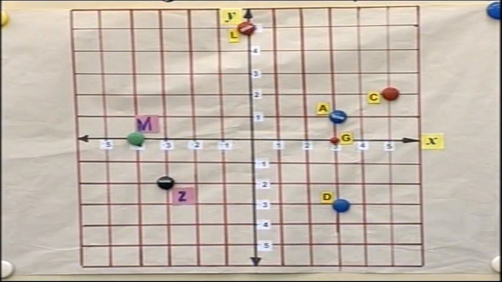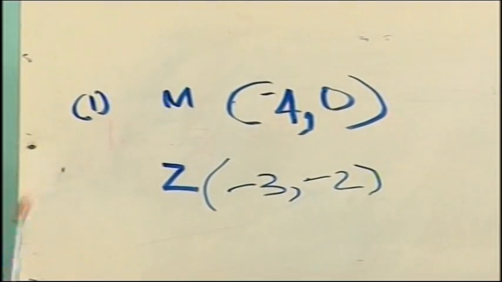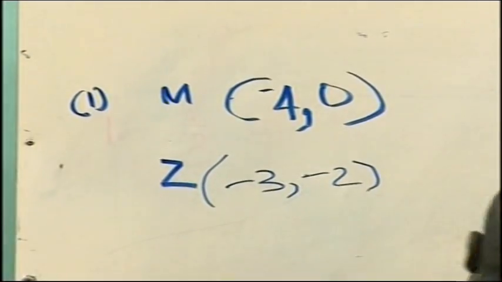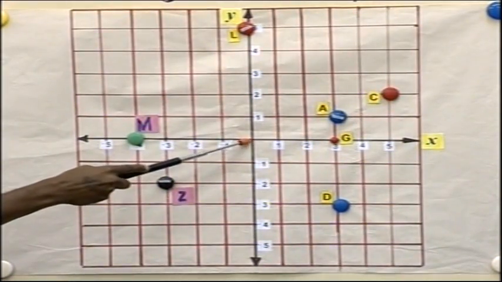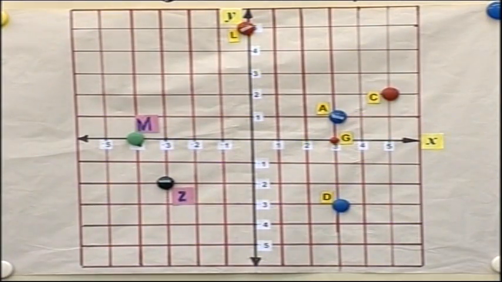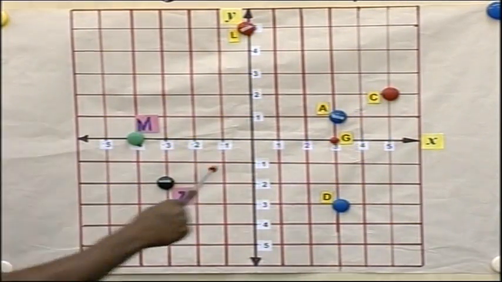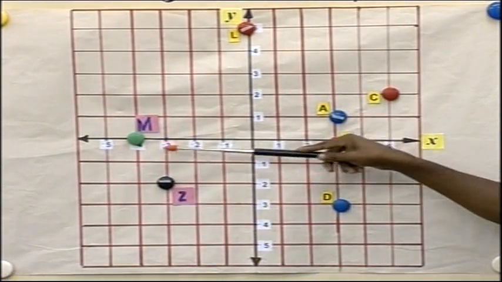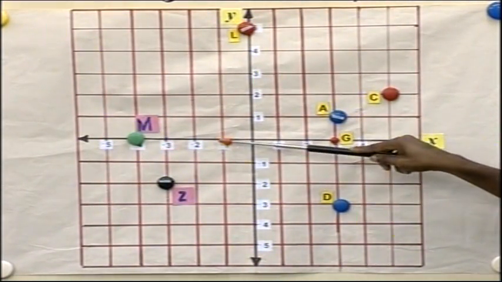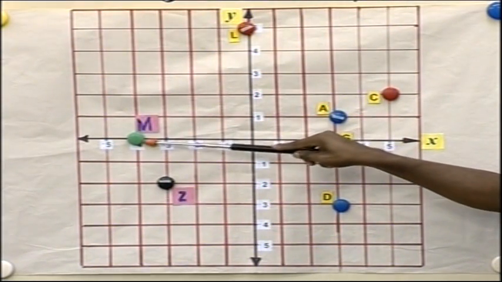Okay. Let us look at the first question first. M. Coordinates. How many distance to the left? 4 distance to the left. So 1, 2, 3, 4.